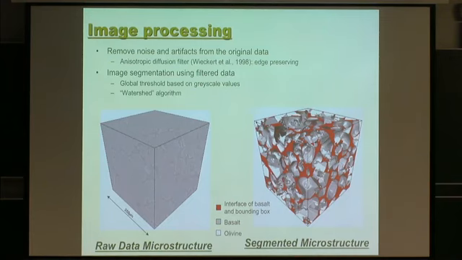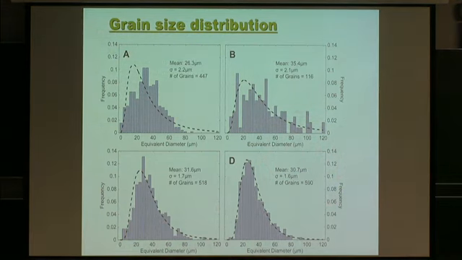And once you have that clean set of filtered data, you can then do the segmentation process. You assign different values. In this case, it's a two-phase, so 1 is melt, 0 is olivine, all right? Then you basically can conduct all the analysis you want.